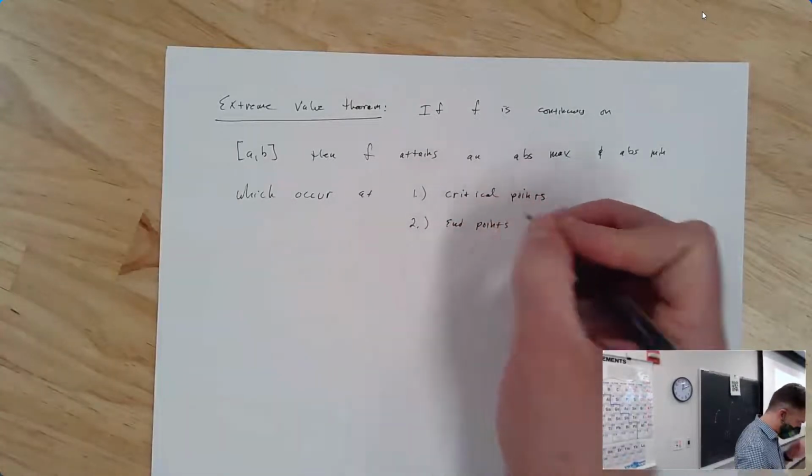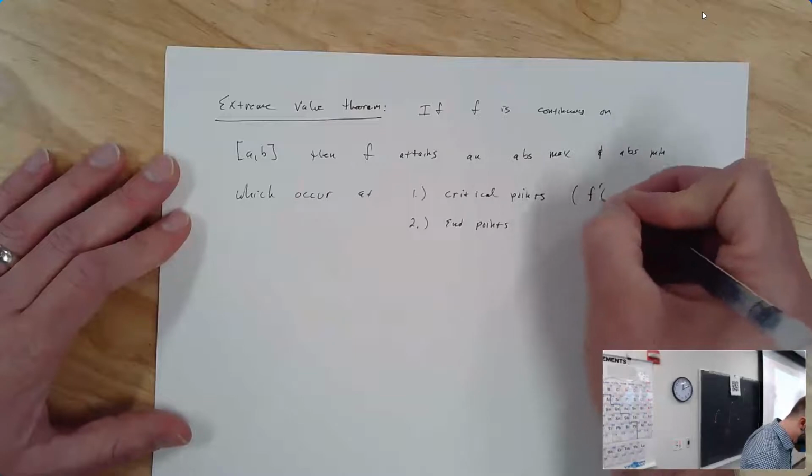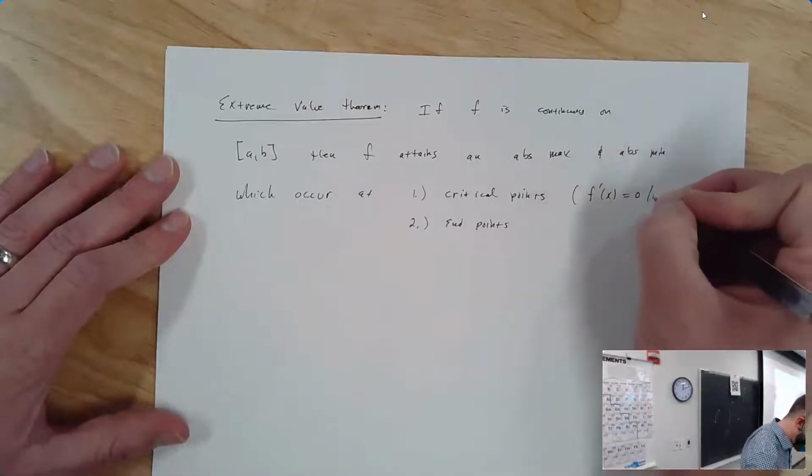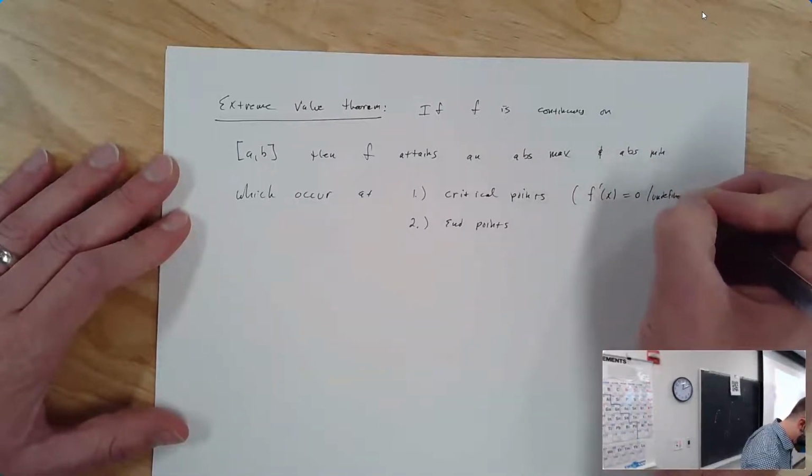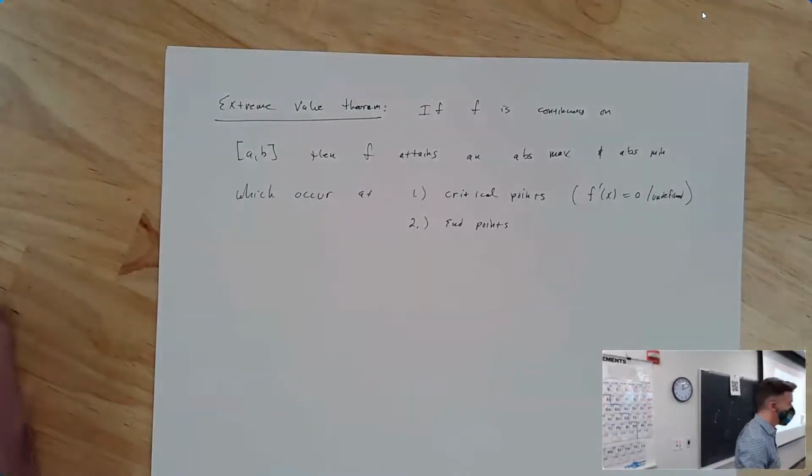And the critical point is where the derivative is 0 or undefined. We'll get a little bit more specific with that in a little bit.